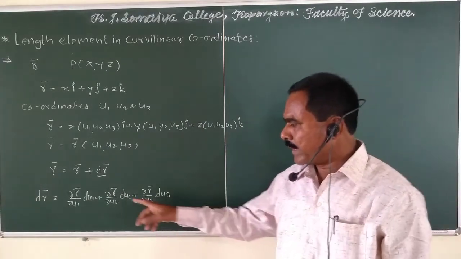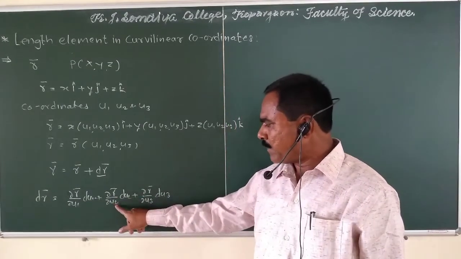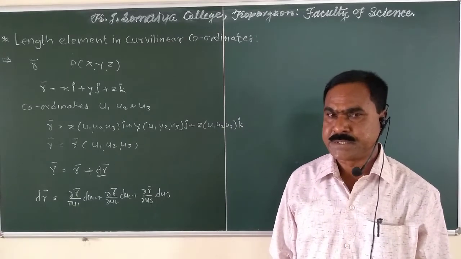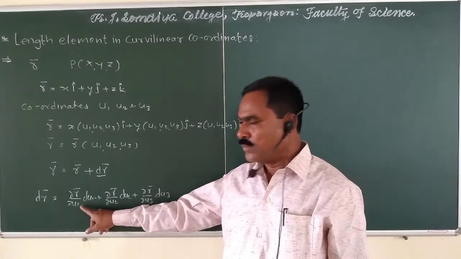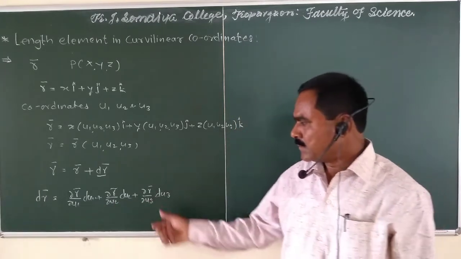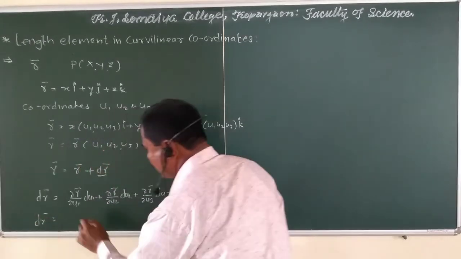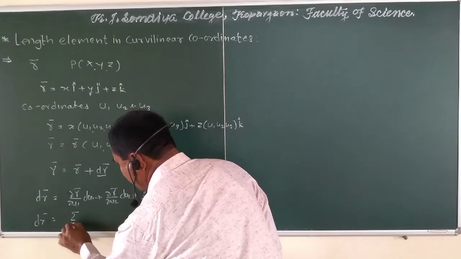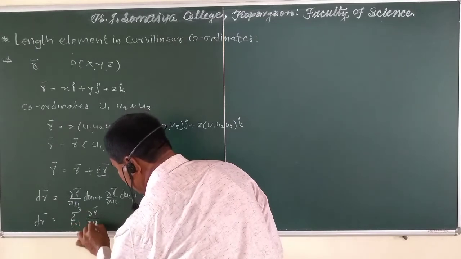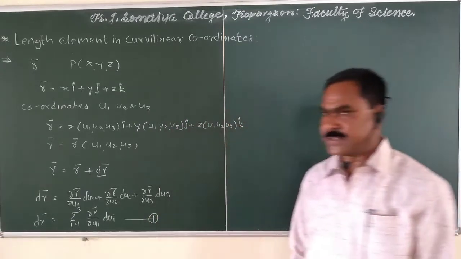Here del r bar by del u1, del r bar by del u2 and del r bar by del u3 are the partial derivatives of r bar with respect to the coordinates u1, u2 and u3. So d r bar equals summation i from 1 to 3 of del r bar by del ui dui. Call this equation first.